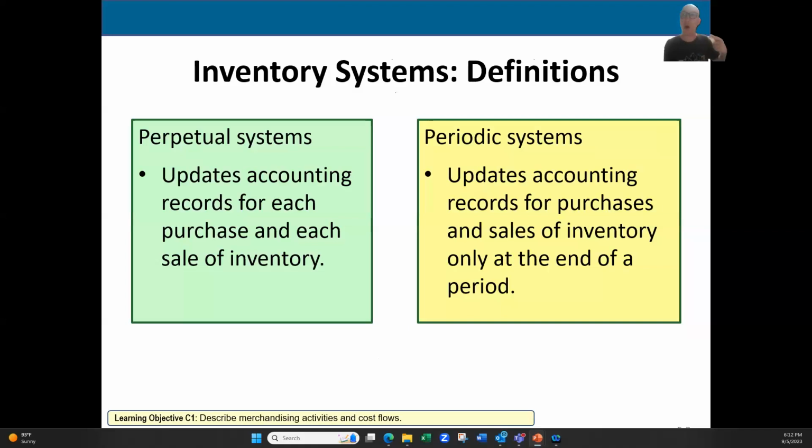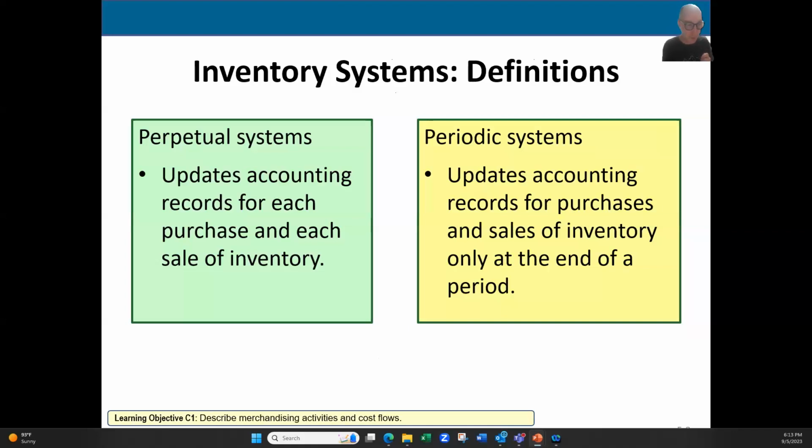The perpetual inventory system updates every inventory record based off of each sale that's made. The word perpetual means perpetual motion, continuous. It continuously updates. Perpetual means continuous. It updates the inventory when each sale is made.